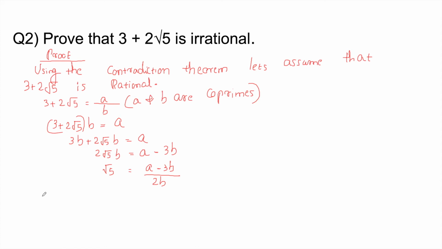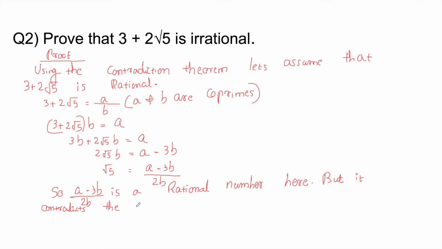Okay. So A minus 3B by 2B is a rational number here, but it contradicts the theorem root 5 is irrational.